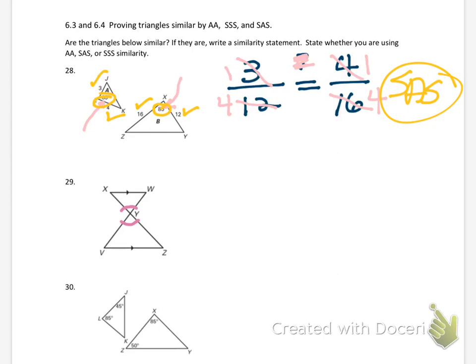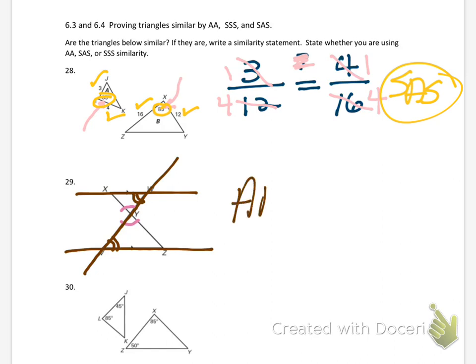If you think of VW as a transversal and you have these parallel lines right here, these are alternate interior angles, and the alternate interior angles are equal. So I have found two angles equal, the verticals and the alternate interior.